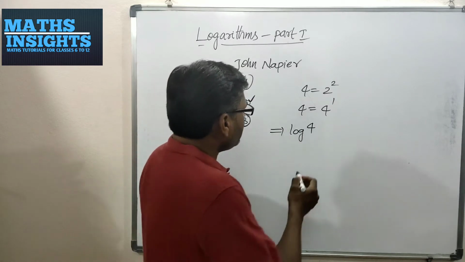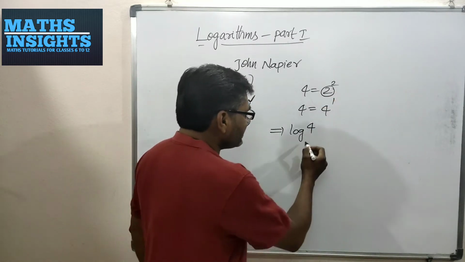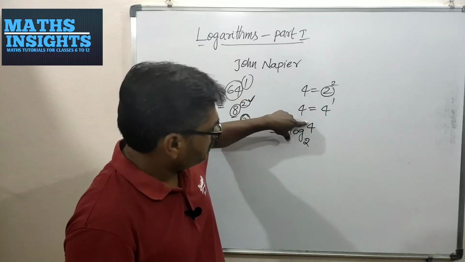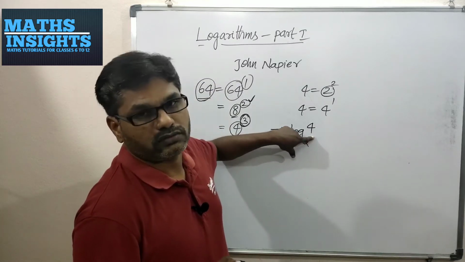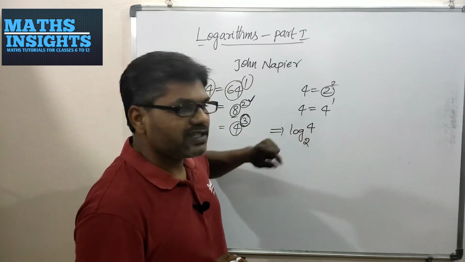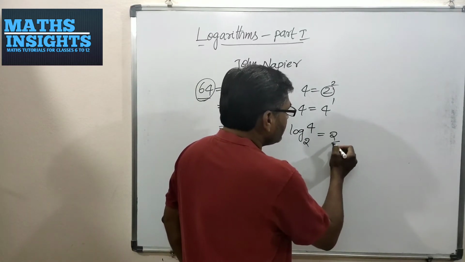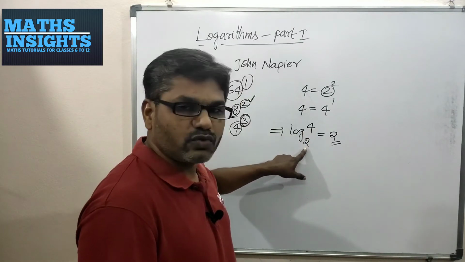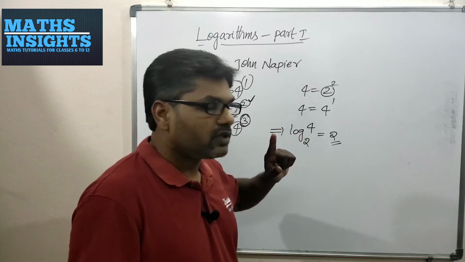And the base in the exponential form is written here. To get this 4, I have to raise some power on 2. What is that power? 2. So that is the logarithm of 4 to the base 2. You will read it as log 4 base 2.